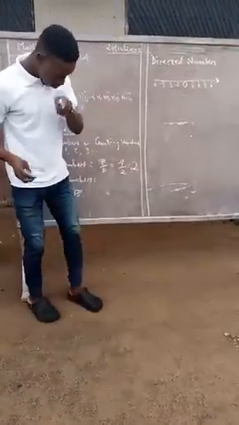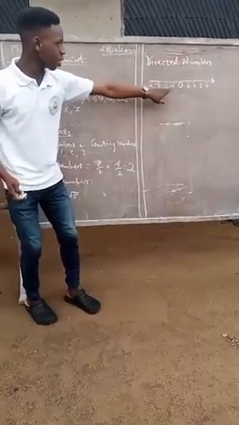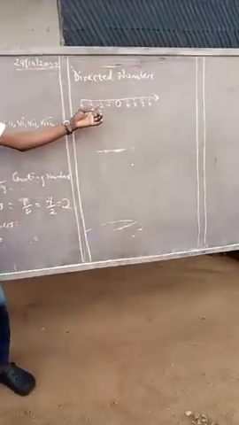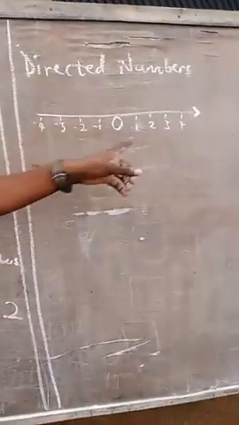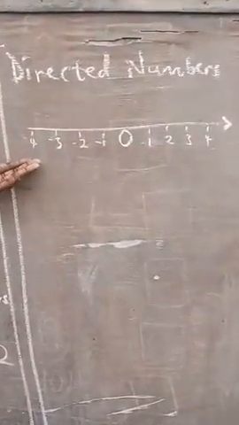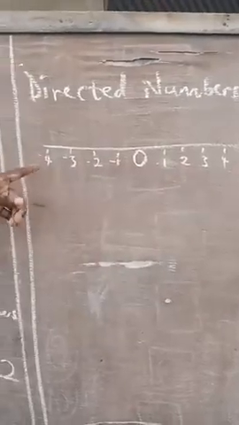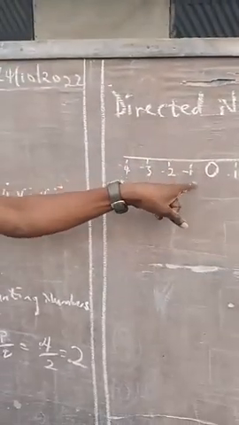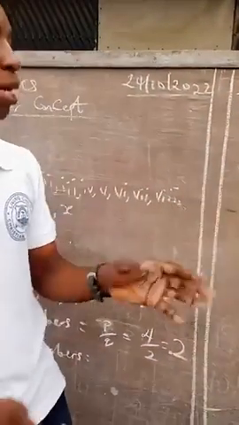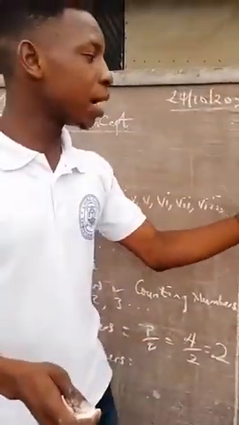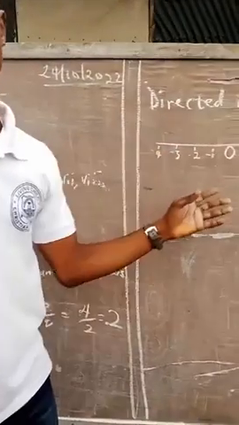Now, look at this. -4, -3, -2, -1, 0, 1, 2, 3, 4. This is a typical example of directed numbers because the sign will always help you to know the value of the number. That is why it is called a directed number. Like I said, it's a number that has sense, that means it is a number that is directed.